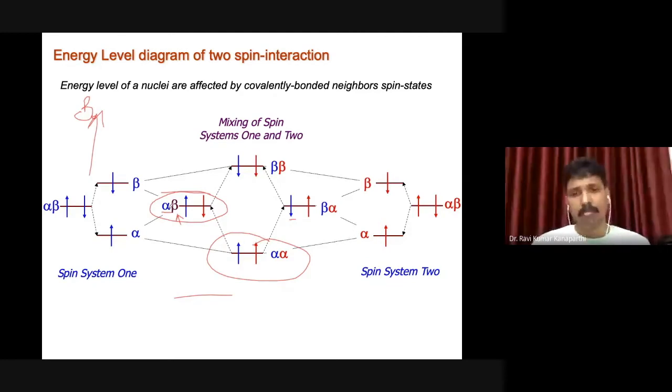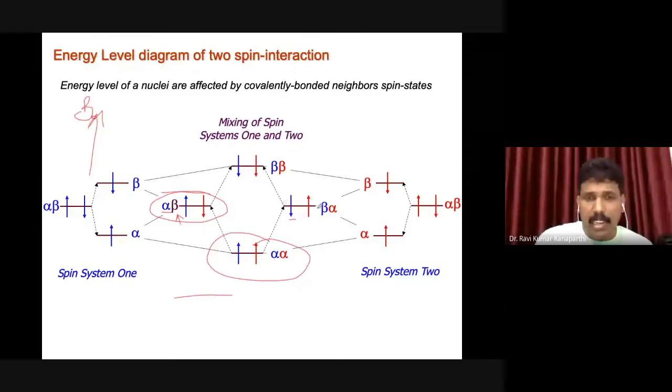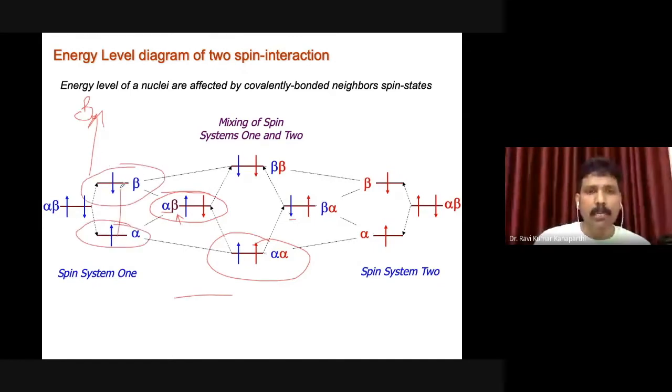So what I'm trying to say is that if only one spin is there and they are not interacting, then this discussion is not needed. But the situation arises because the other partner is also having spin. Therefore, they start coupling with each other. As a result, you can see that additional energy levels have come in. In the usual situation, you have alpha and beta, and then a transition happens, and we get one spectrum, one peak.